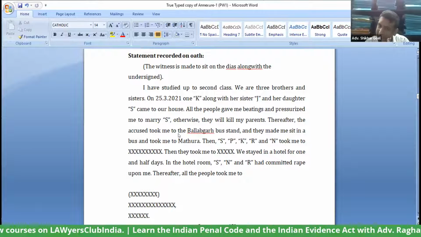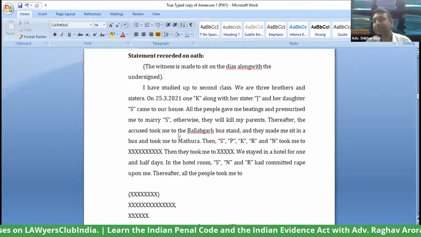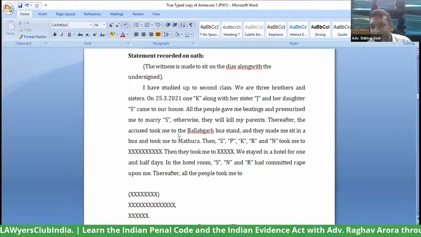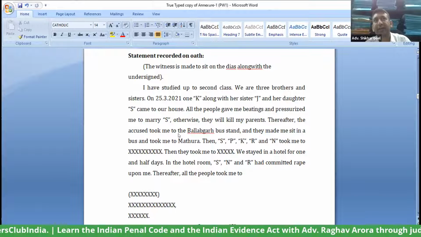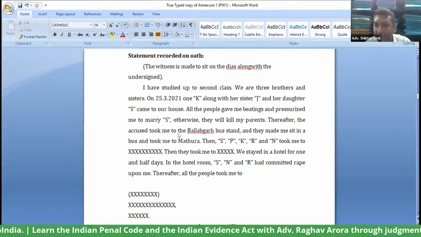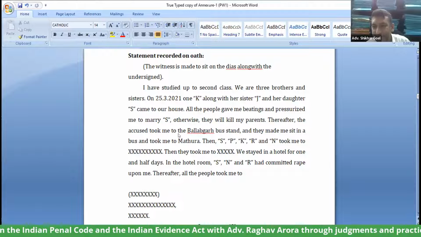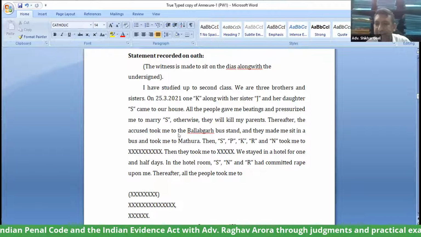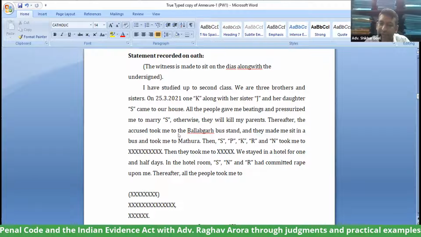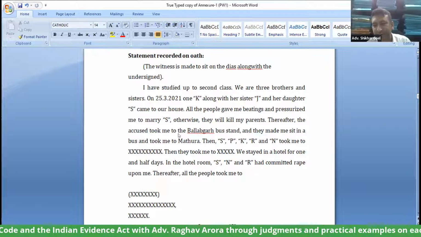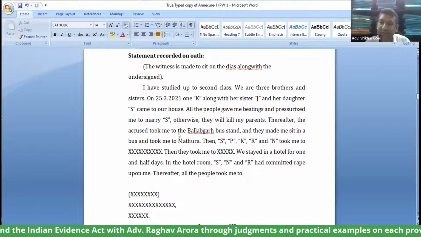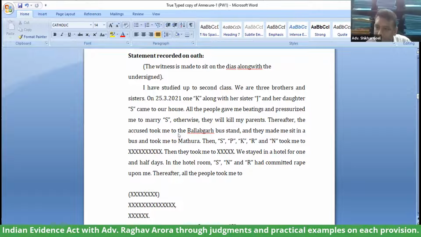So the police has a very important role to play in these cases because it's a very good money-making opportunity for the police. Any women-centric case, be it 498s or rapes or POCSO, is a very good money-making opportunity for the police. So they definitely would want to file a charge sheet.